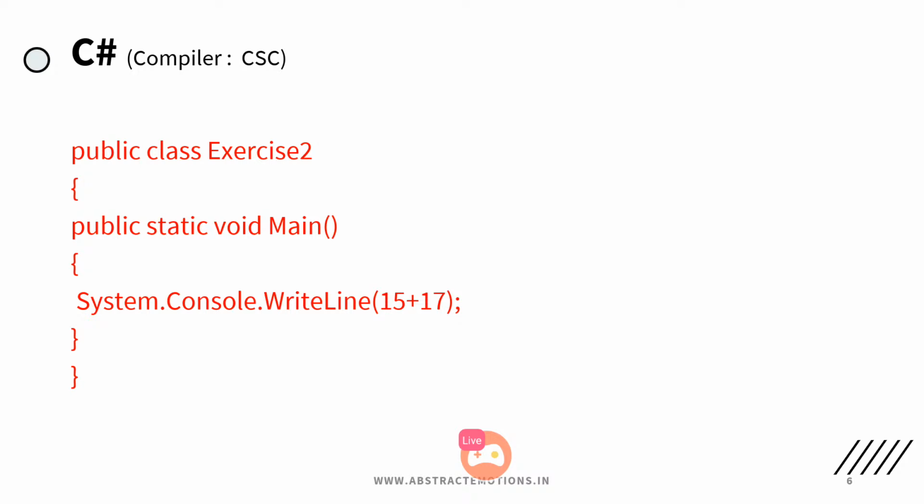I don't think it is written in the English language, but it has public class Exercise 2, public static void main, System.Console.WriteLine, angular braces and curly braces. These are a few of the keywords. There are many thousands of keywords, but you can see how it is similar to the English language.